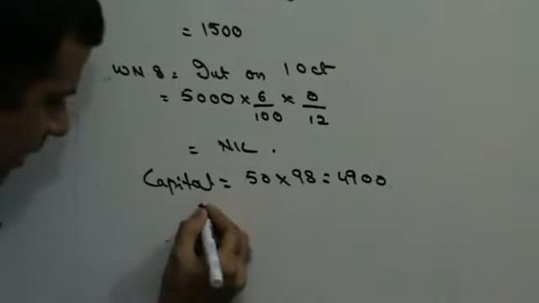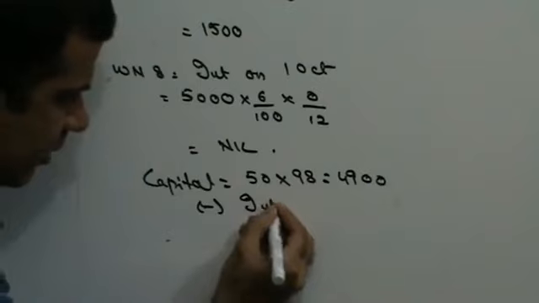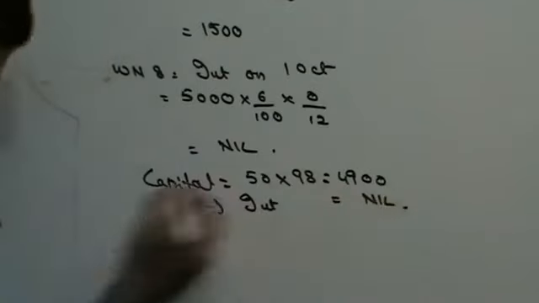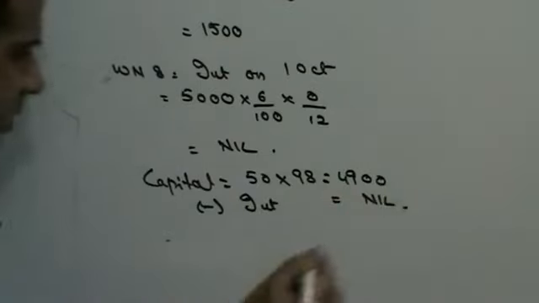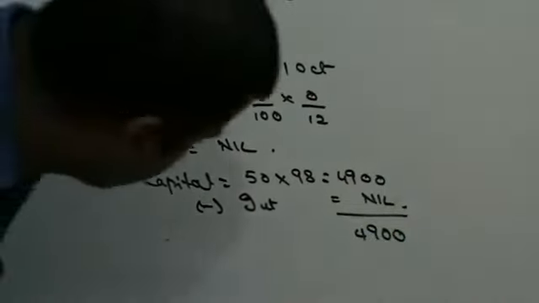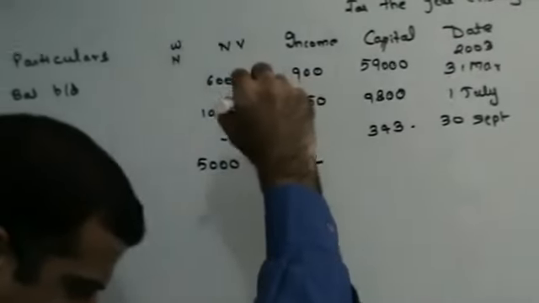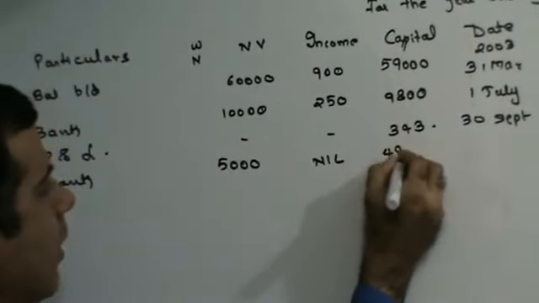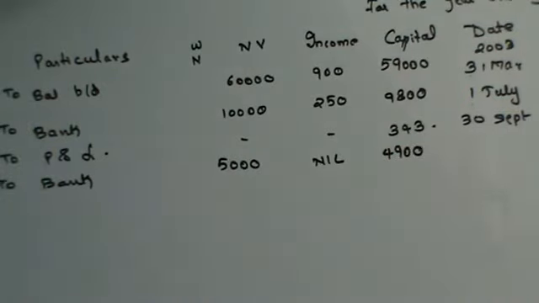Since this is cum interest, I should less the interest. Interest is going to be nil. Do we have brokerage in the transaction? No. So this is going to be 4,900. Right? So my interest amount is going to be nil and capital amount is going to be 4,900. Fine, do we get this thing here? Next.